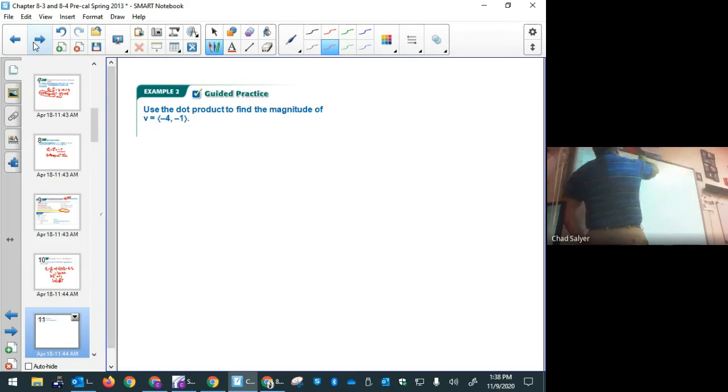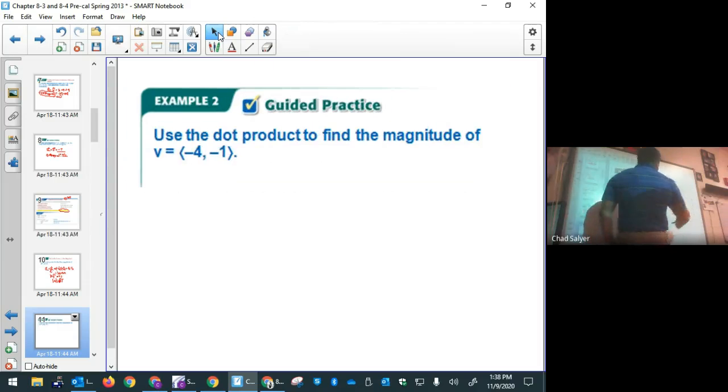Okay, so here's one for you. Use the dot product to find this magnitude formula using the same procedure you just saw me with.